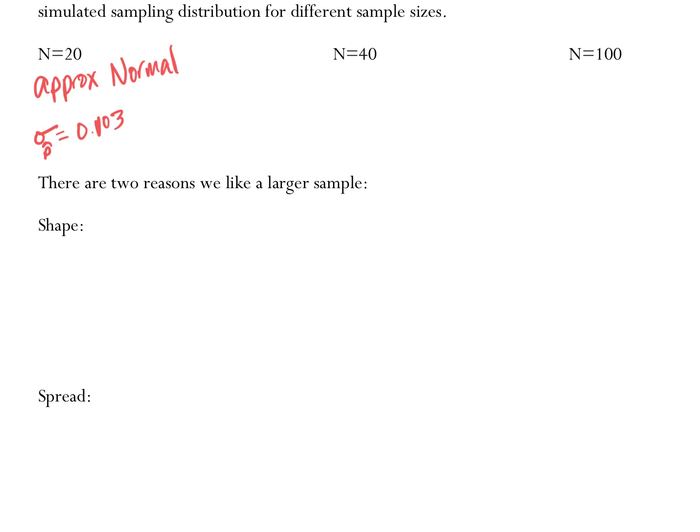So we're going to say more normal, and now the standard deviation of my p hats was 0.07, give or take. Okay, one more time, guys. What happens at n equals 100?